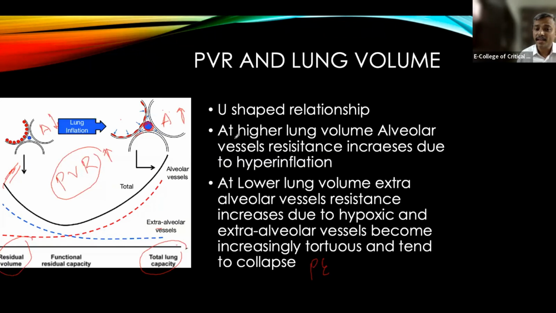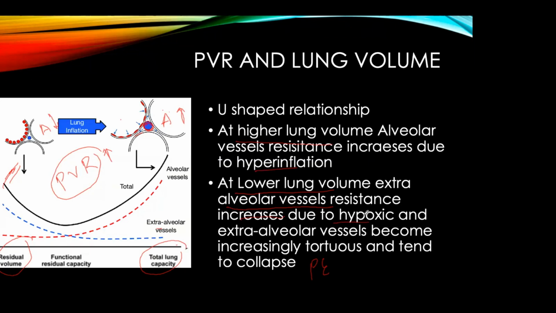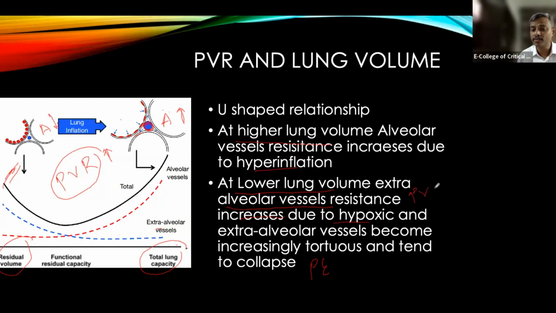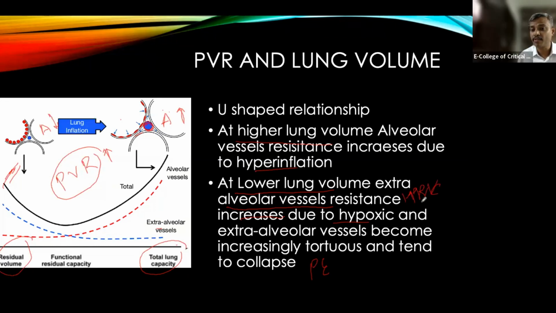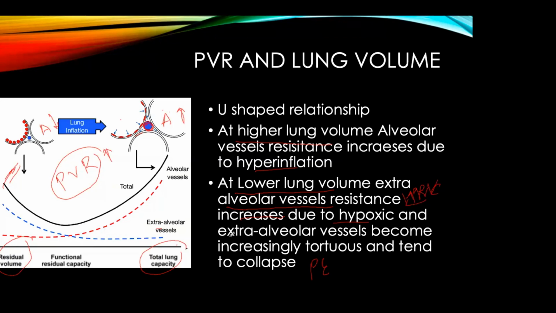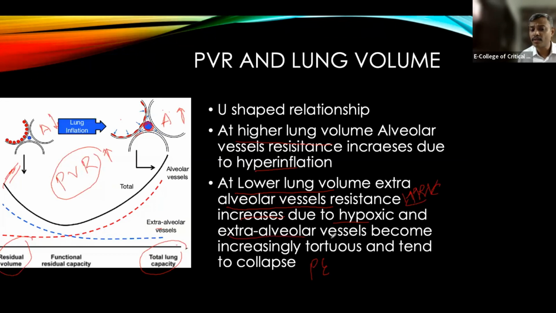So what I mean to say, at higher lung volume, alveolar vessel resistance increases because of hyperinflation. At lower lung volume, extra-alveolar vessel resistance increases due to hypoxia, because whenever atelectasis is there, PaO2 reduces, that causes hypoxia, that can cause pulmonary vasoconstriction, hypoxic pulmonary vasoconstriction, HPV. It can also increase the resistance in the extra-alveolar vessels because they become tortuous and tend to collapse.